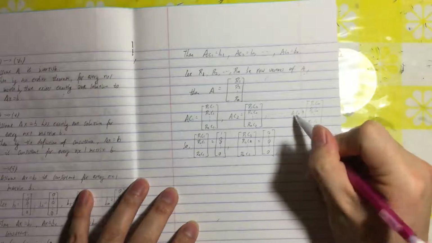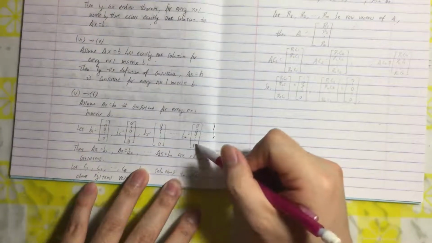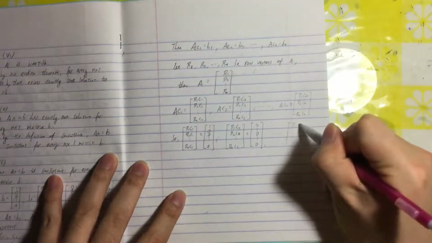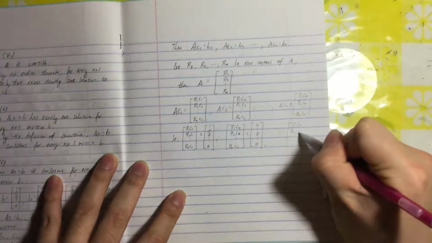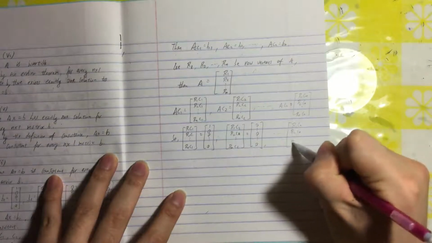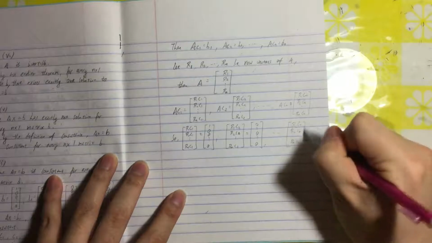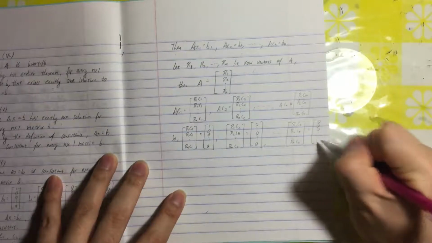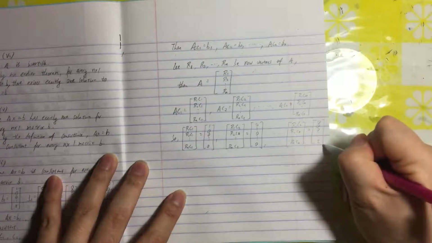And similarly, A times Cn equals Bn. Bn is a column vector that has 1 in the last place, zeros everywhere. Which means this vector R1 Cn, R2 Cn, Rn times Cn equals the column vector which has 0 everywhere, 1 in the last place.